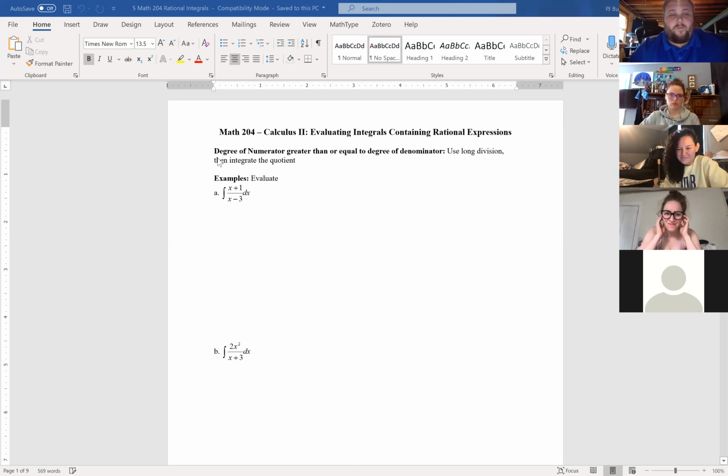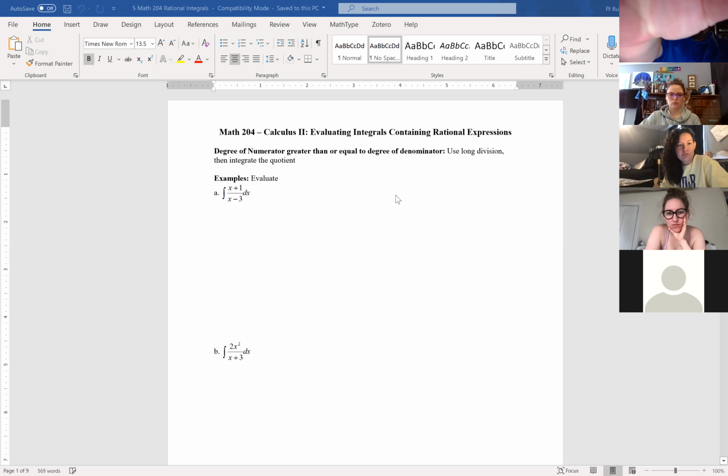And this is for problems where the degree of the numerator is greater than or equal to the degree of the denominator. So notice in both of these examples, the first one has first degree polynomials, right? They're x to the first power. The second problem, we have a second degree polynomial over a first degree. So those both meet the criteria of equal degree or the numerator is greater.